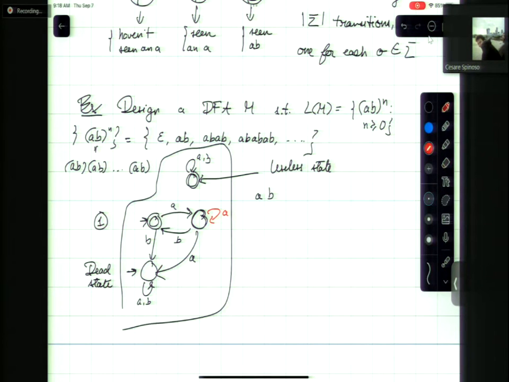Oh, yes, there are several possibilities. The question is, what are the criteria? Well, in general, there isn't one specific DFA for a given language. You can build several different DFAs that all accept the same language. We'll see in a few lectures that there's a concept of a minimal DFA, a DFA that can't be reduced further.